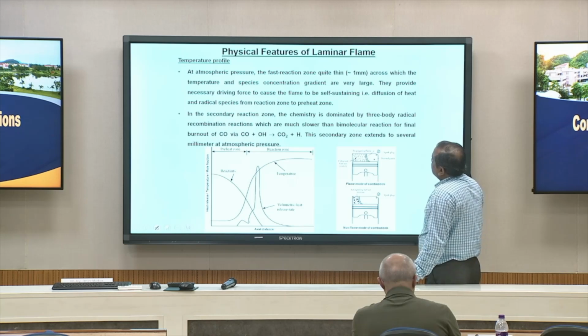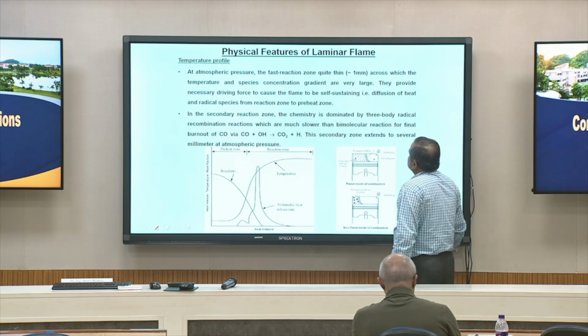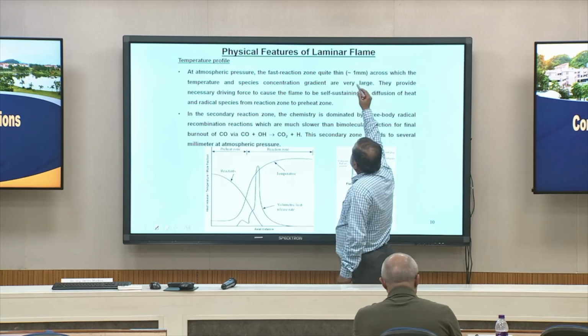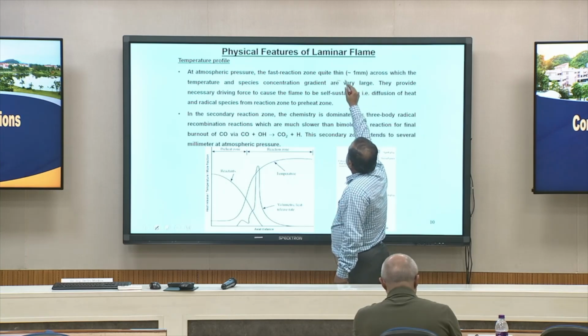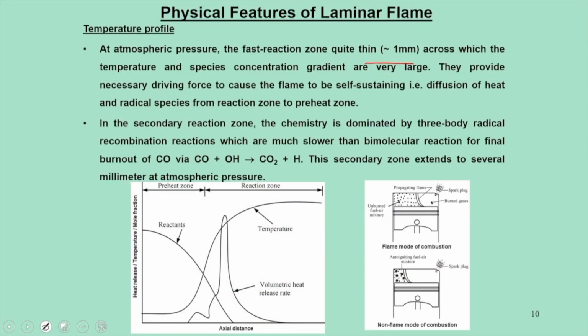And when you talk about the thickness of this flame, you can imagine it could be much less than 1 mm. During this fast reaction, for a self-sustained flame we require some driving force.